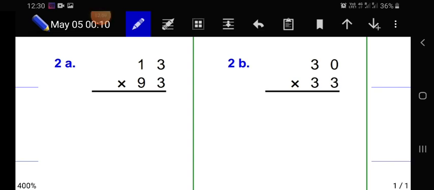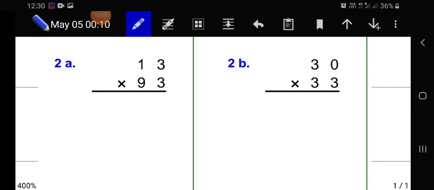This is the worksheet of the same multiplication that we have practiced just before. So now we are going to solve this worksheet, and I hope the concept of multiplication will be clear to you properly. Those who have not listened before, just listen to this very carefully.